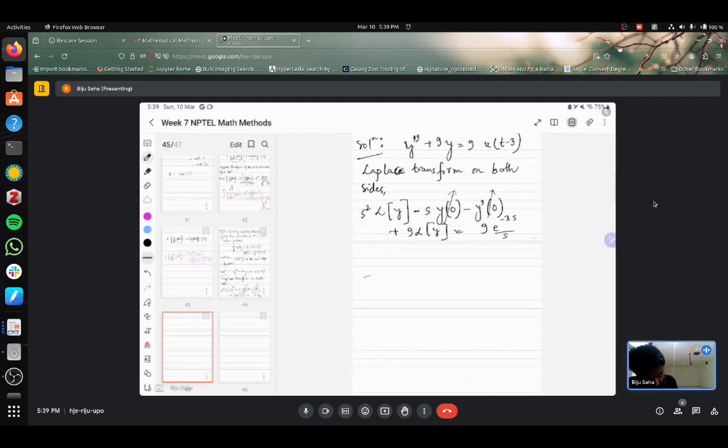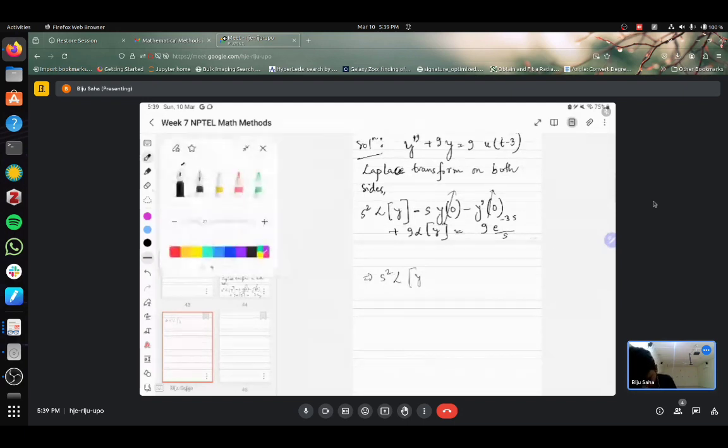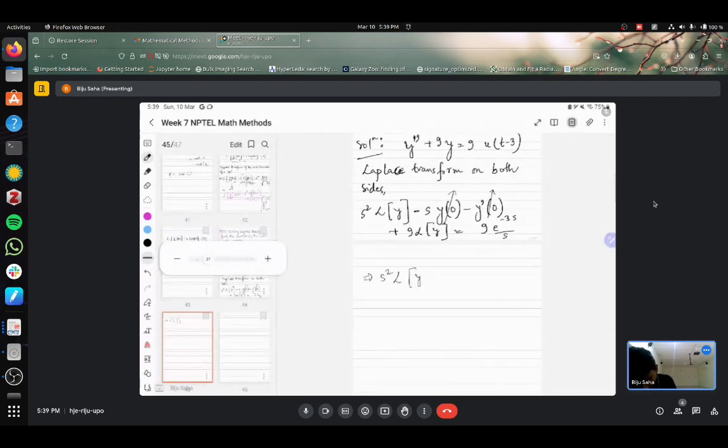So what we have is s square plus 9 times the Laplace transform of y.